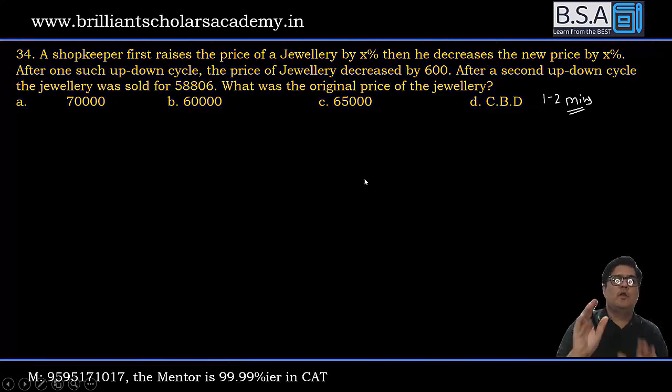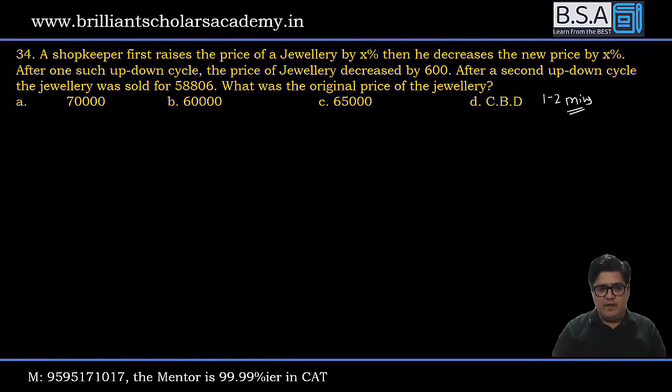Chalo. What is being said? A shopkeeper has, let me check the camera setting. Looks fine. Yeah. A shopkeeper first raises the price of a jewelry by X percentage and then decreases the price by X percentage.